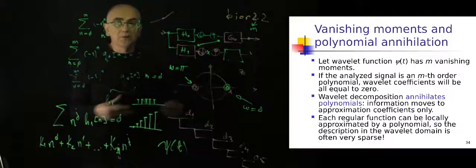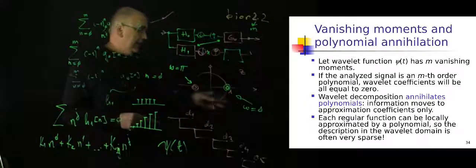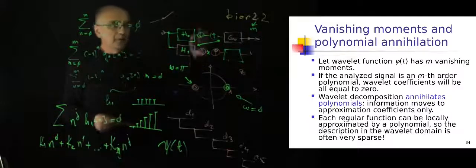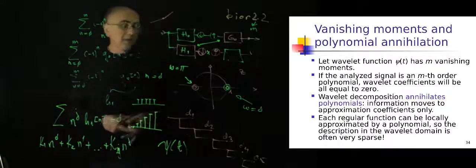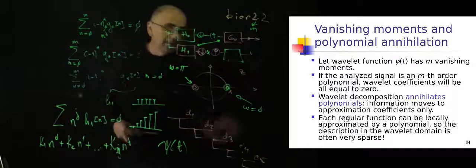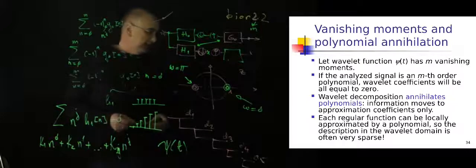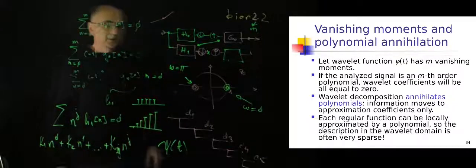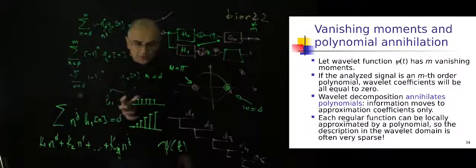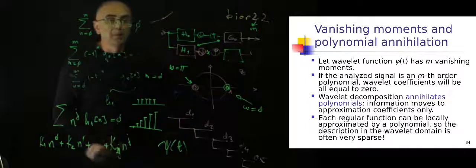So the information is going to be pretty much compressed, and the description in the wavelet domain is going to be very sparse. Only a few coefficients will be different from 0, as we have seen in our example. So that was a pretty good property, because most of the signals of interest can be locally described as polynomials.